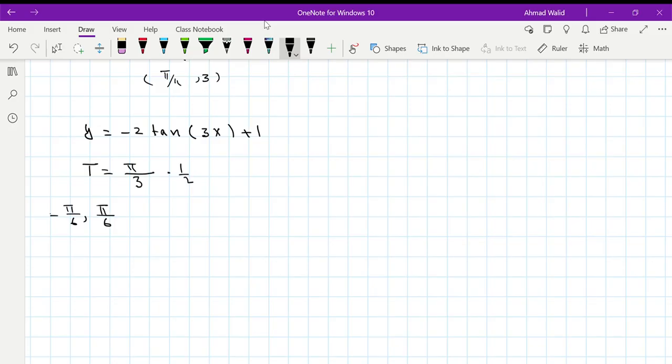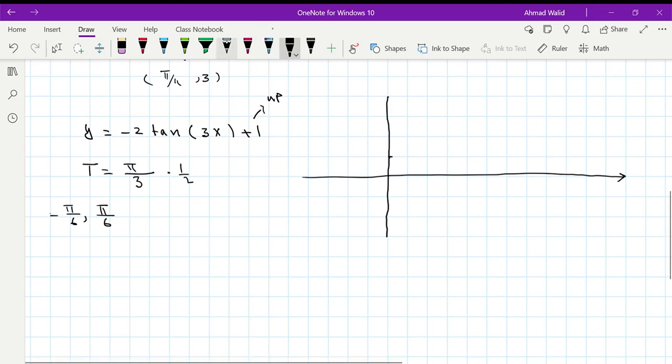Now, start graphing. First thing to do is your vertical shift. You have plus 1, it means up 1. If this is 1, I'll draw my vertical shift line here. It's not an asymptote, please, because I use a dashed line. It doesn't mean it's an asymptote. I just mark my new x-axis, because I have a shift.